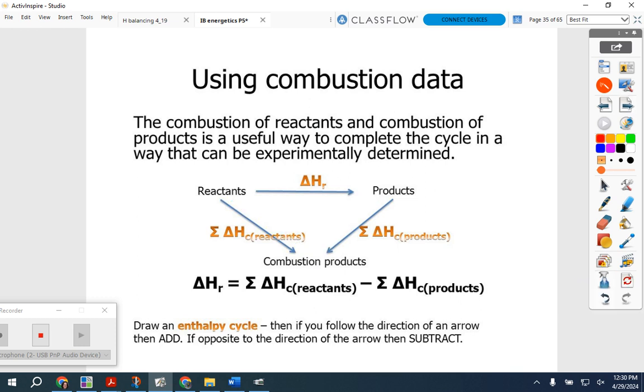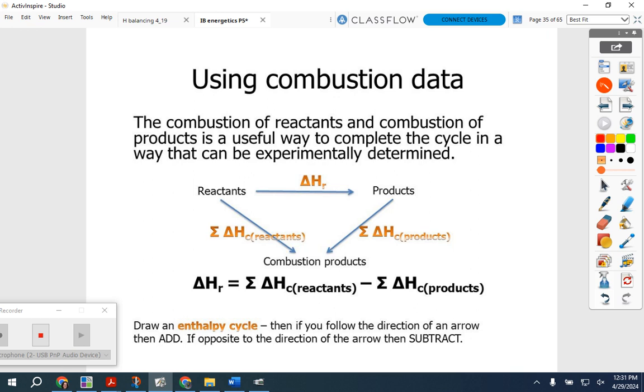So before, we had simple elements going up to our reactants and going up to our products. But now that we're burning everything, we're going down from our reactants to the products of combustion, and we're going down from our products to the products of combustion, because we're burning both sides, theoretically. So we have an enthalpy of combustion for the reactants going this way, and for the products also going down this way.